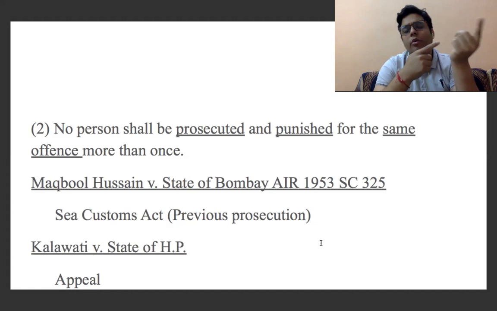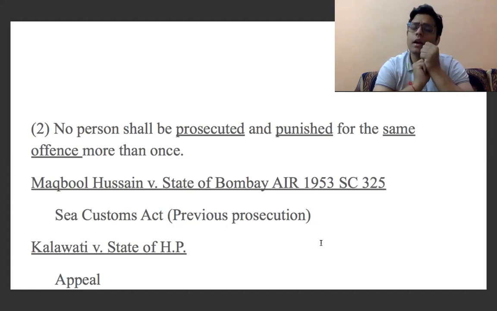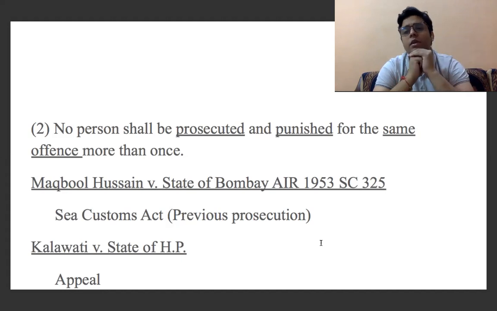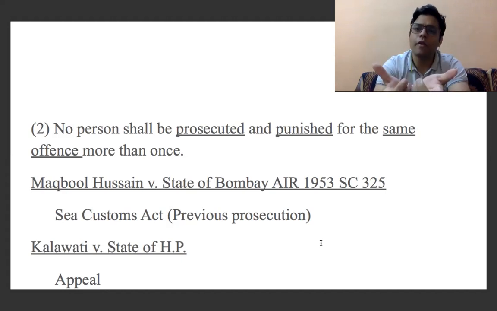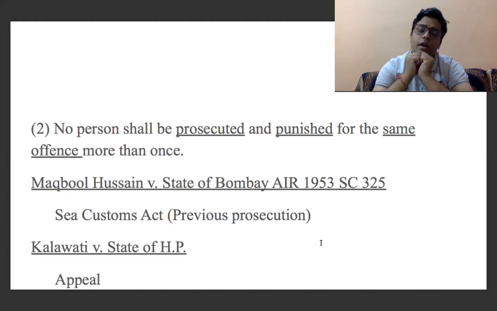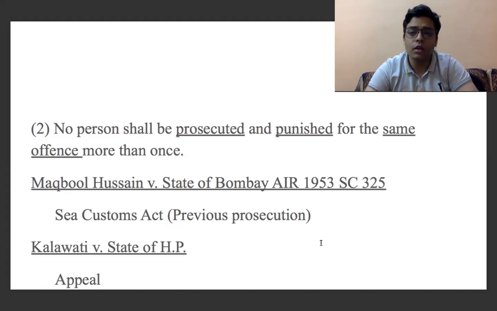It is going to prosecute that particular person again, or if possible it may punish that person again. And what is giving them the power? The same offense. There is no change of offense. The question arose whether these appeals under criminal law are also violating Article 20, sub-article 2.